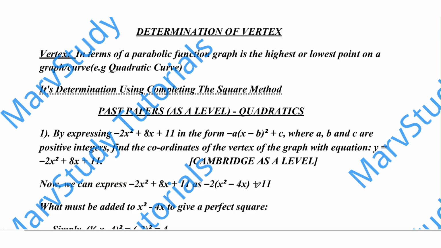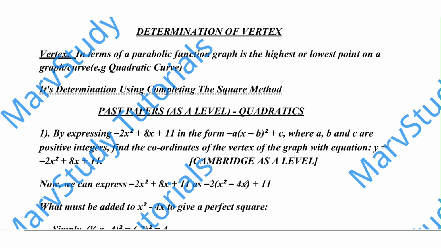So next question is, what must be added to x squared negative 4x to give a perfect square? I have been saying this from the beginning part of this video. It's simply half of the coefficient of x in that expression and then squaring that value. So half of the coefficient of x here in this bracket, because that's where the perfect square is going to come out from.